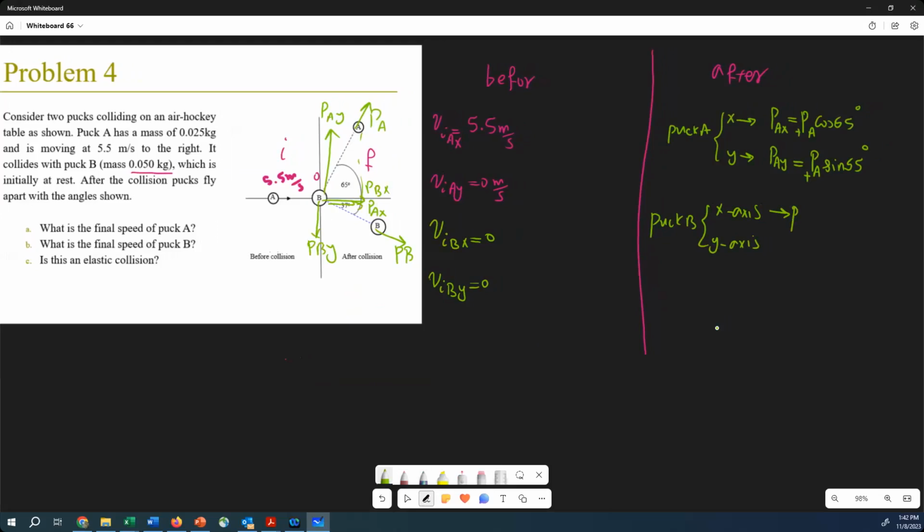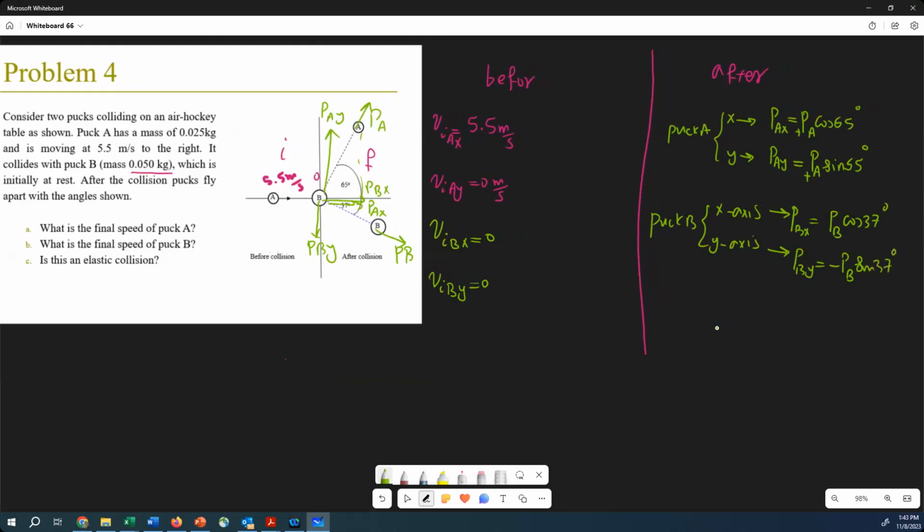PBX is going to be PB cosine 37. And then PBY is going to be negative, yes? Negative PB sine 37.